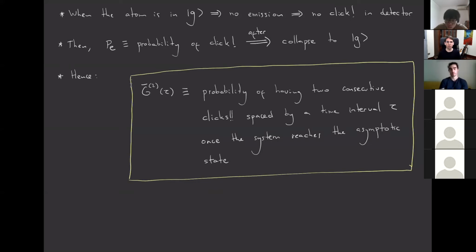So in other words, we are talking about coincidence in the clicks, in the detections. So we are asking things such as, is there a probability that I get two clicks at the same time, or will they come spaced in time, or how?